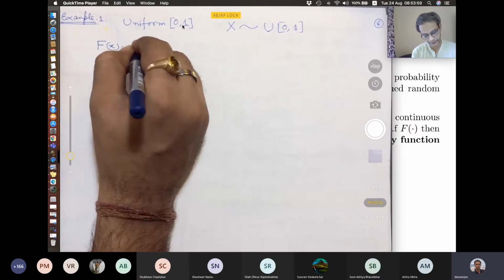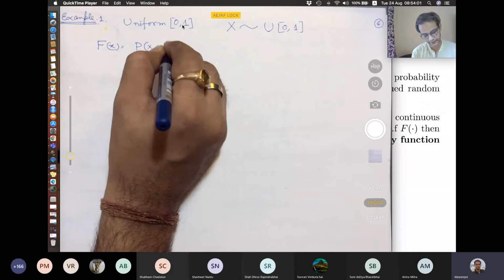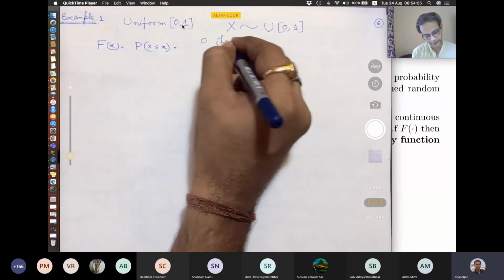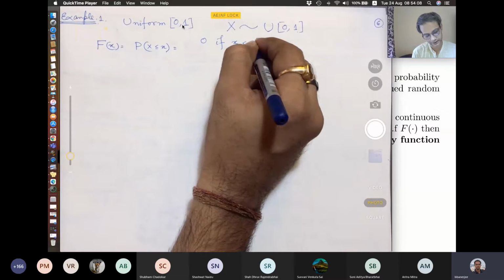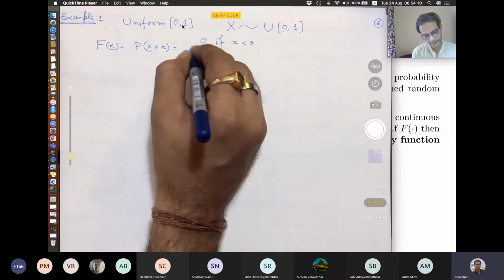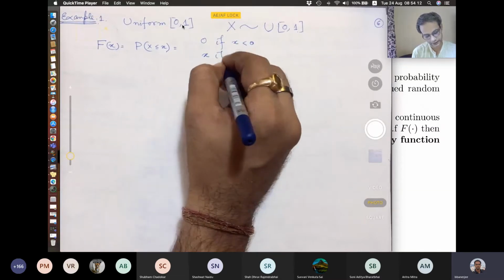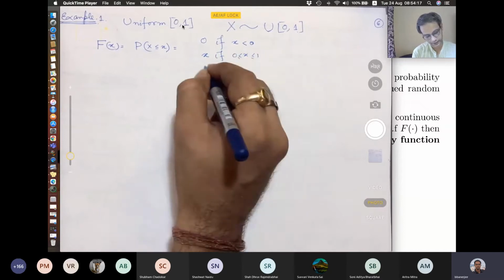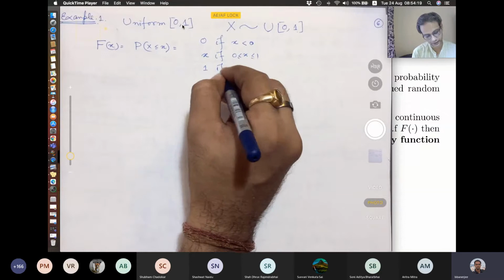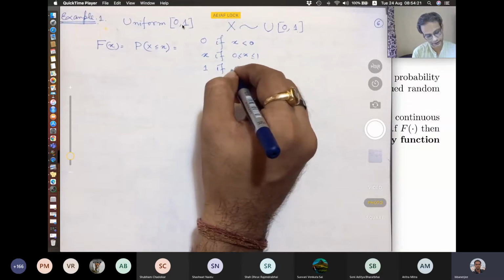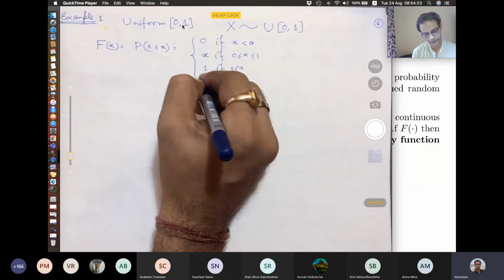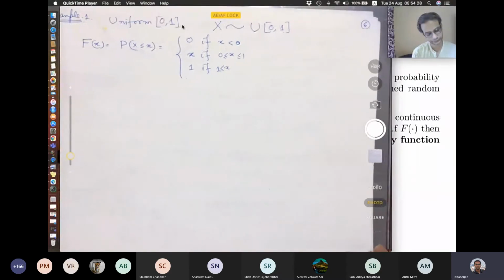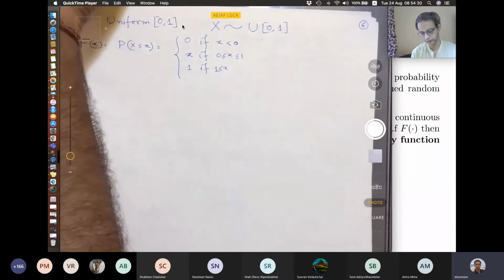F(x) equals probability X less than or equal to x. This is defined as 0 if x is strictly less than 0, it is x if x is between 0 and 1, and 1 if x is greater than 1. Any query? So how will it look?